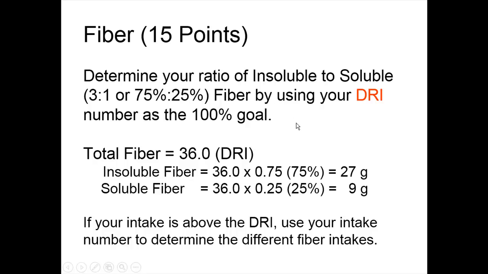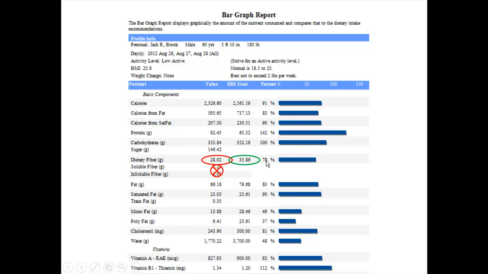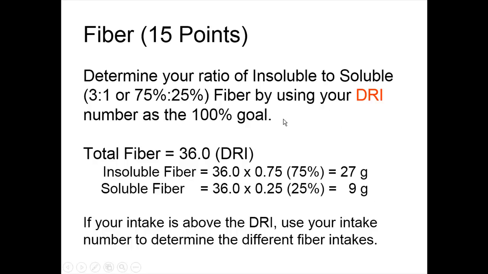So this is what I would have to reach if I was below 75%. The way I'm going to reach it, though, is I'm going to make my insoluble and soluble meet their ratios, and then I won't worry about the total. As long as I meet my ratio, I'll be fine. So in my case, my DRI goal is 36 grams of fiber.